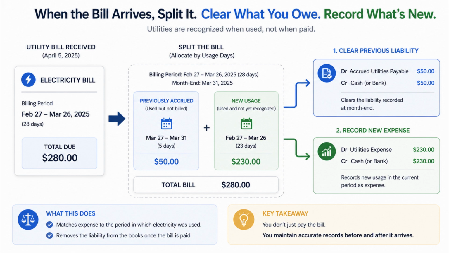Then when you pay the bill, you're going to debit your accounts payable, so that clears out the liability, and you're going to credit cash. So notice what's happening. You're not recording the expense when you pay, you're simply settling an obligation.